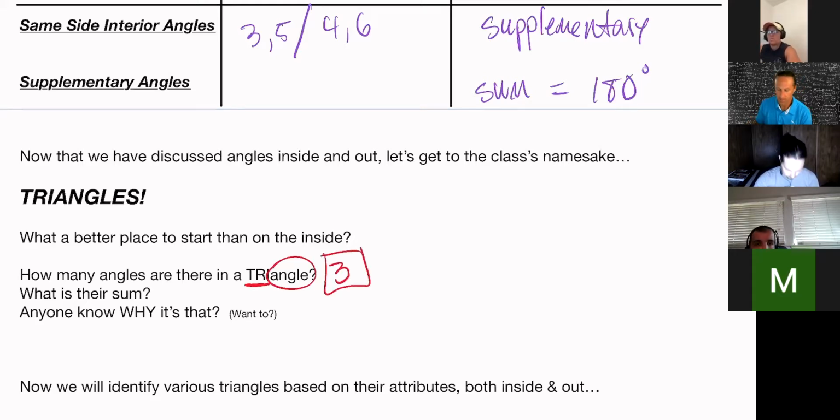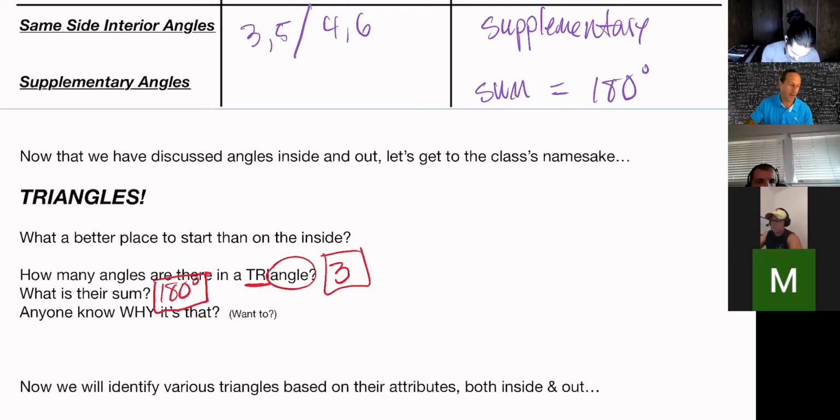Okay. What is the sum of the 3 angles in a triangle? One eighty. 360. Ooh, careful. One person said 180, another said 360. It is 180, but do me a favor. Answer me this.